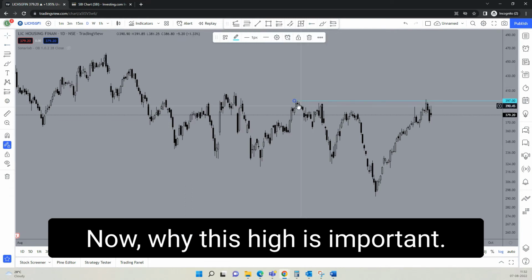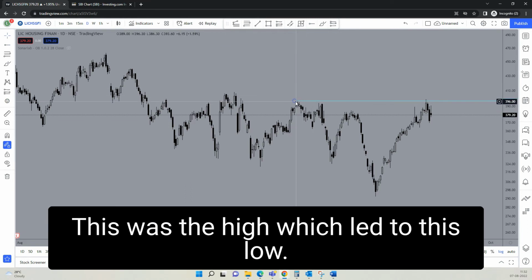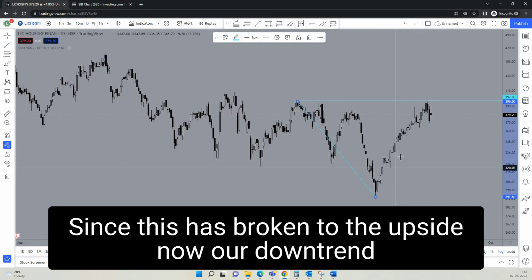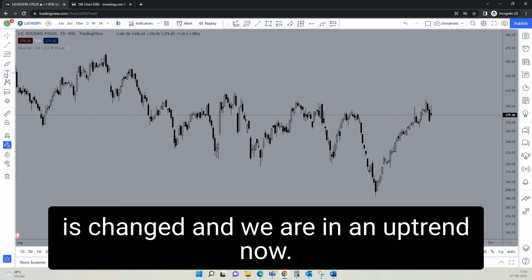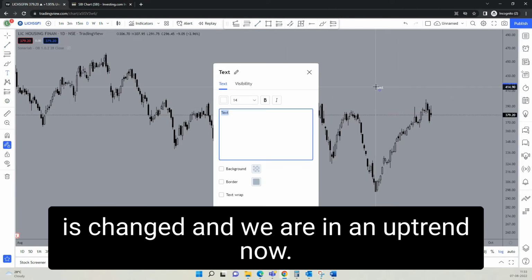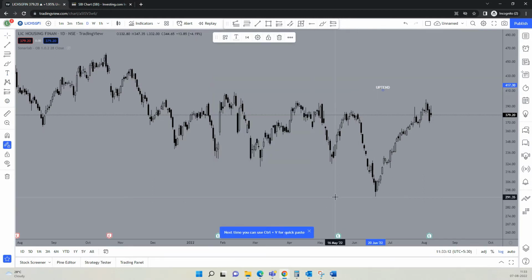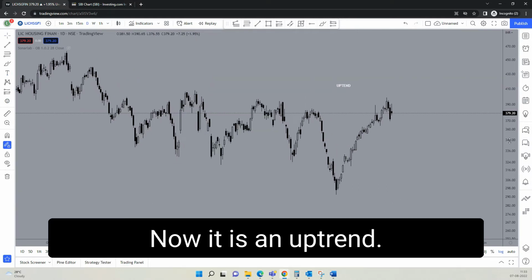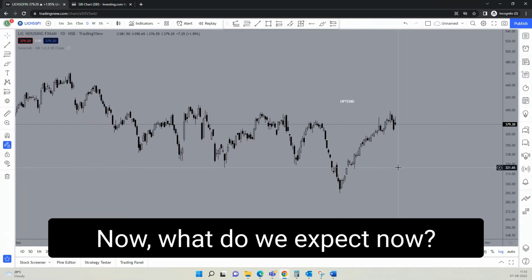It has broken this particular high. Now, why is this high important? This was the high which led to this low. Since this has broken to the upside, our downtrend has changed, and we are in an uptrend now. Now, what do we expect?